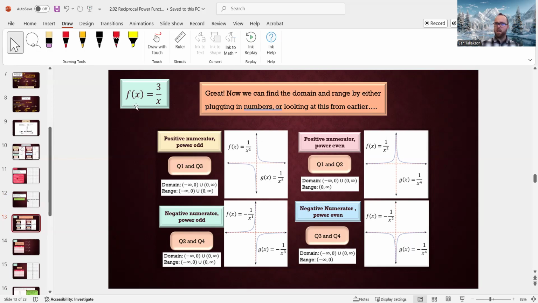So what kind of function is this? Is it positive and odd, positive and even, negative and even? What is it? Well, it's a positive, and the power of x is 1. It looks just like this, right? The numerator is different. Doesn't matter.